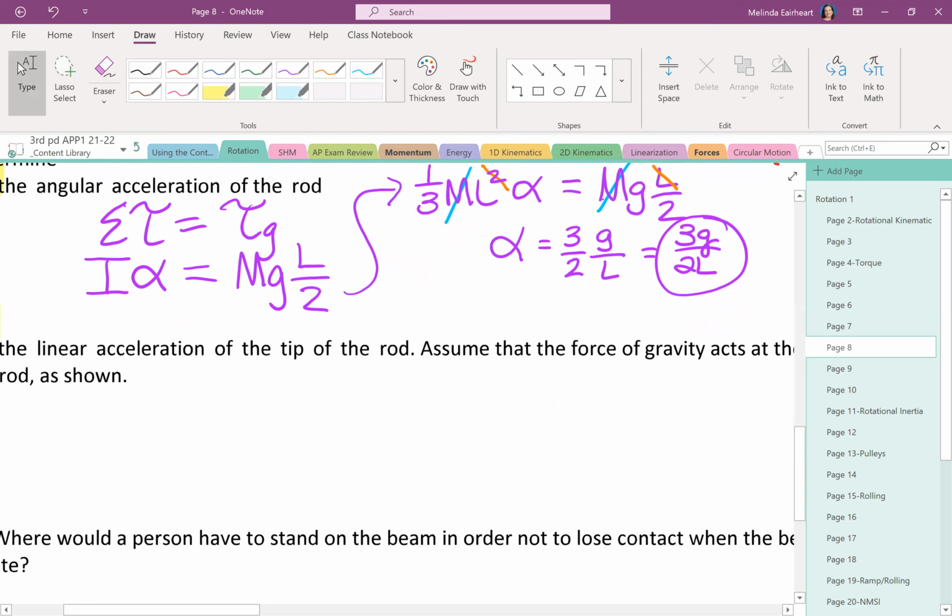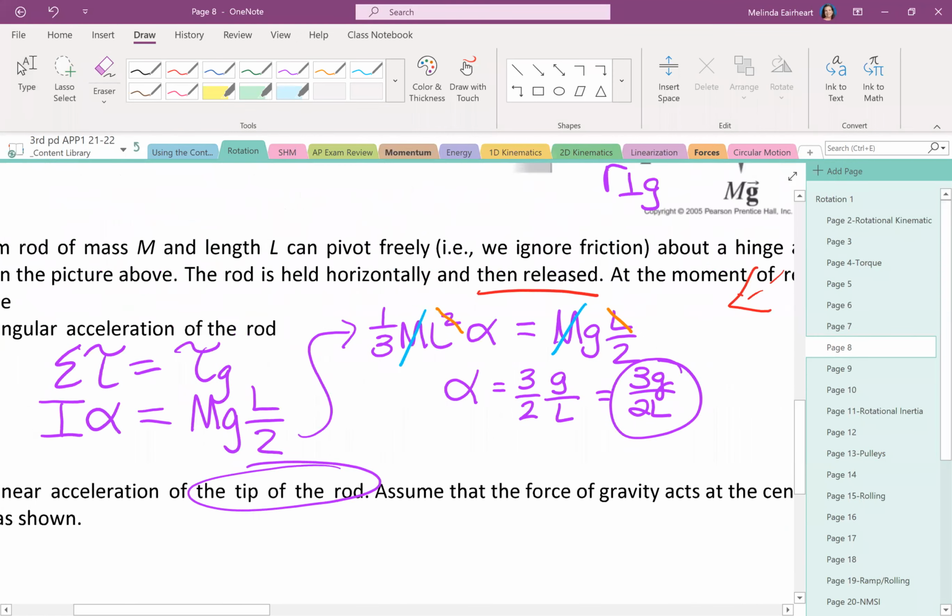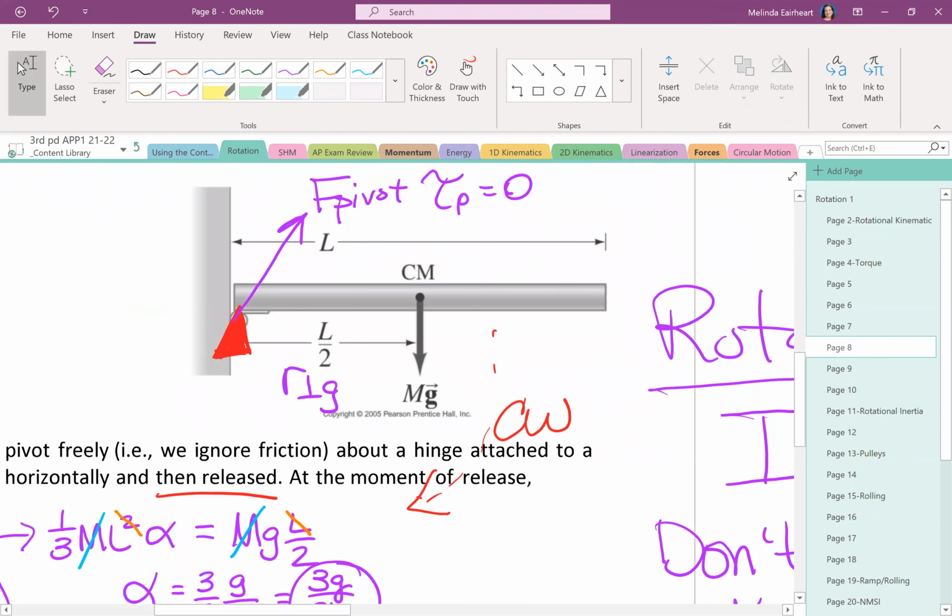All right, B, it'll go quicker. What is the linear acceleration of just the tip of the rod, not the hinge, the far edge? So I'm going to go back to the picture. Every little point on the rod, and I'm just going to pick some, I'm going to kind of think about four.